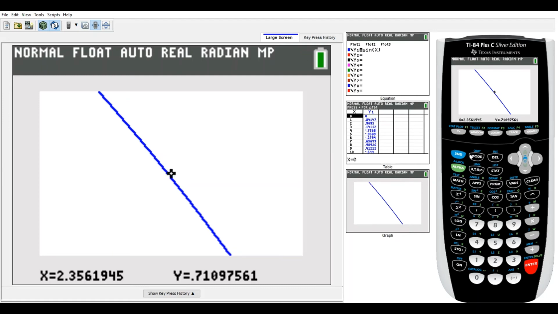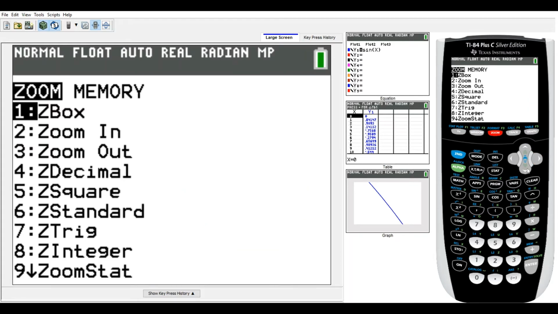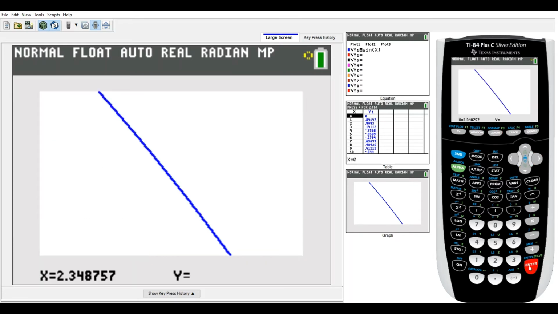Let me recenter this and then maybe zoom in one more time. There we go. I'm going to hit zoom, go down to zoom in, and hit enter and enter.